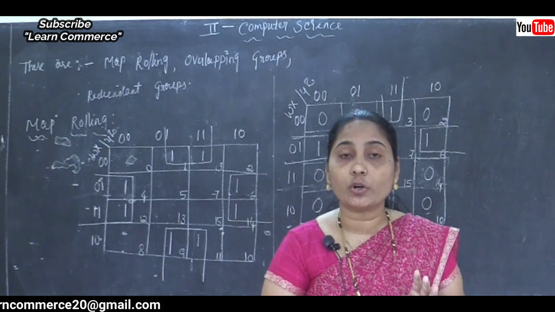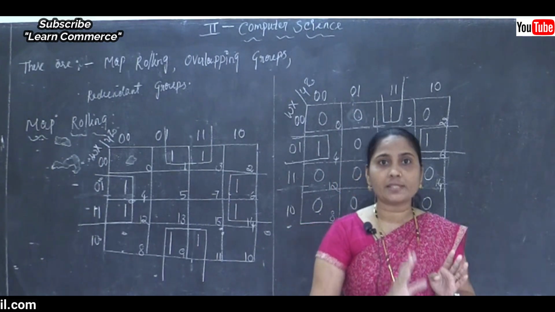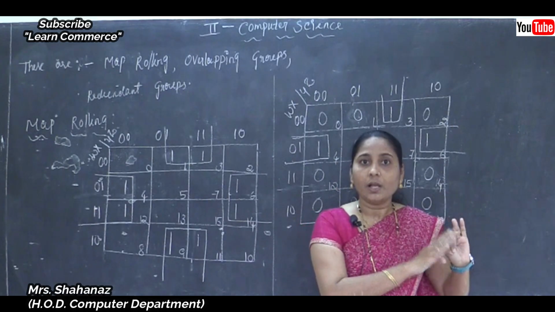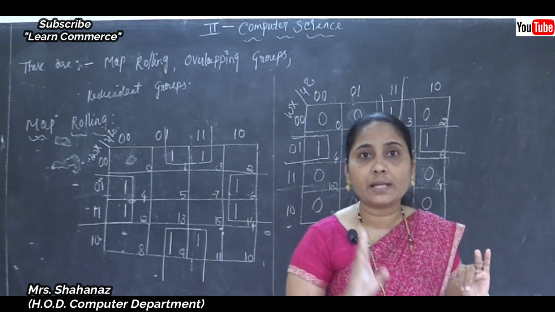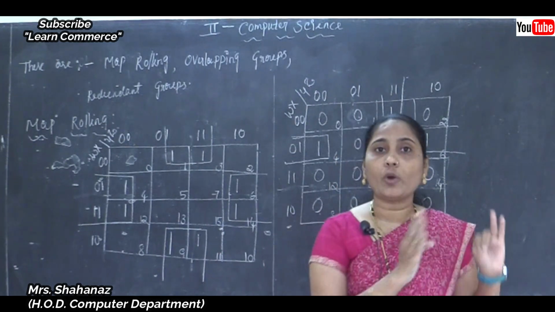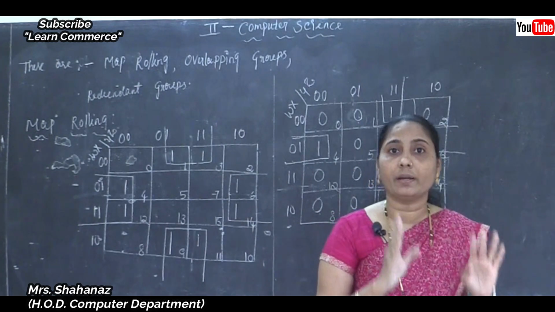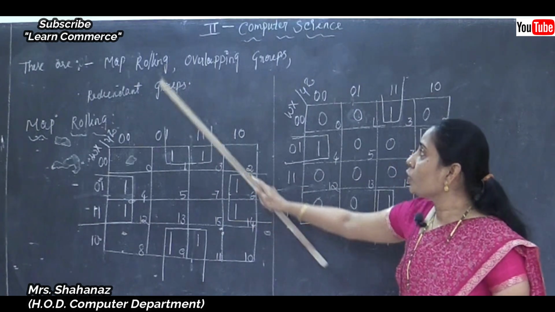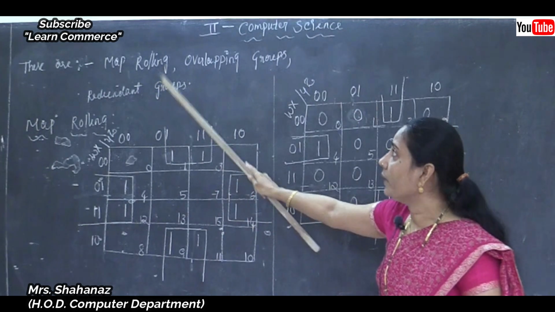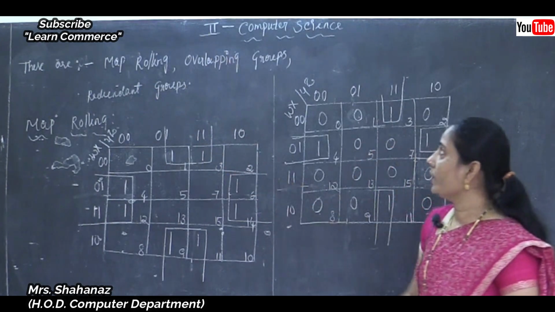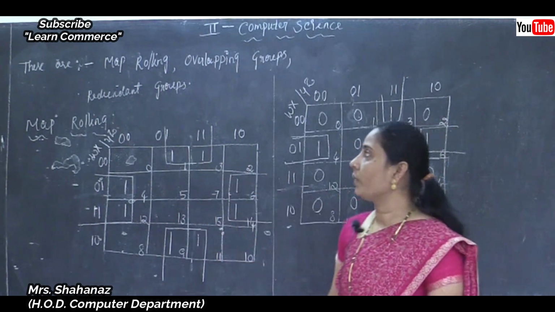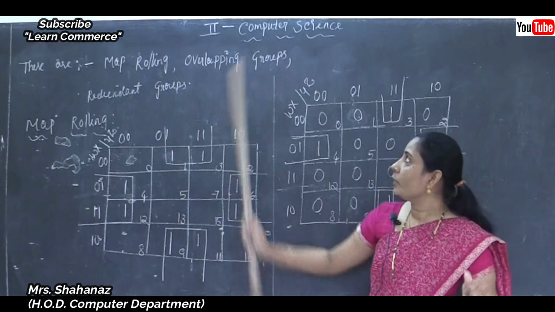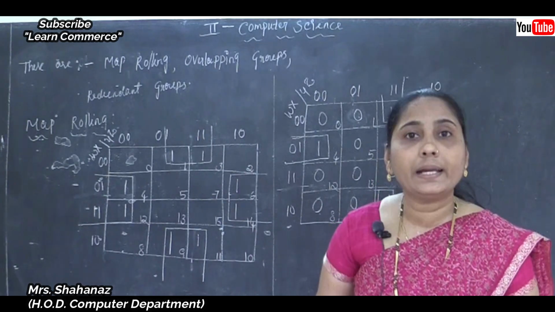While completing a K-map, we give importance not only to pairs, quads and octets, we also need to take care of certain other things before arriving at the final expression, the final result. So the first one is map rolling, the second one is overlapping groups, and the third one is the redundant group.